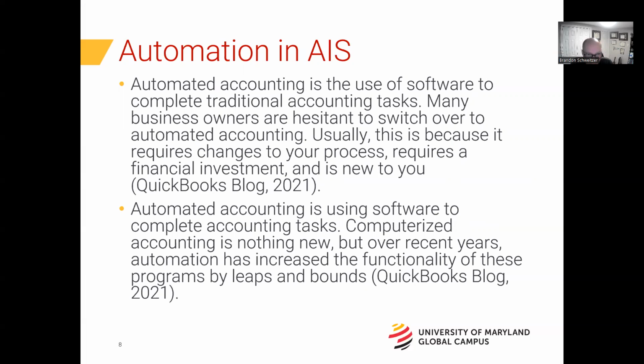And automation also, of course, helps the accountant to generate the financial statements: income statement, balance sheet, statement of cash flow, statement of retained earnings. Those financial statements can be automated. How? Based off of the design of the accounting information system software, I can input the data, the transactions, to then create the financial statements.